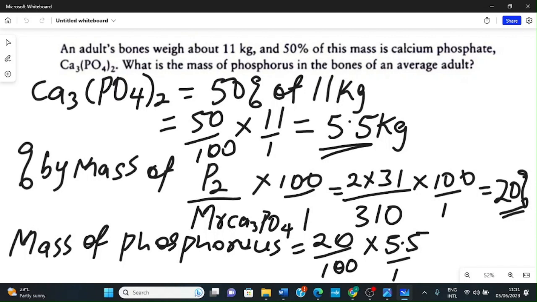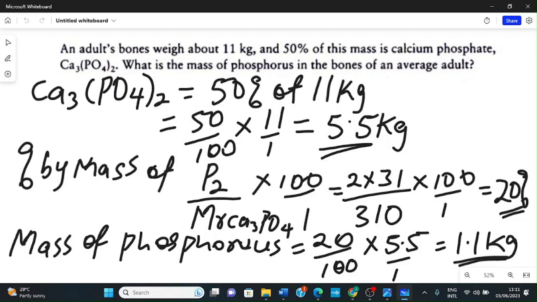That is the mass of phosphorus in the bones of an average adult, which will now be equal to what? 20 times 5.5, divided by 100, is equal to what? 1.1 kg.